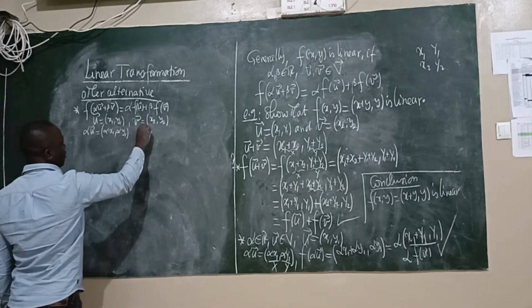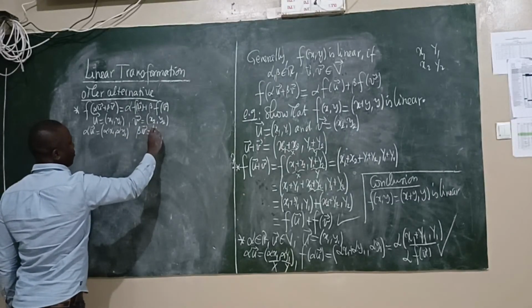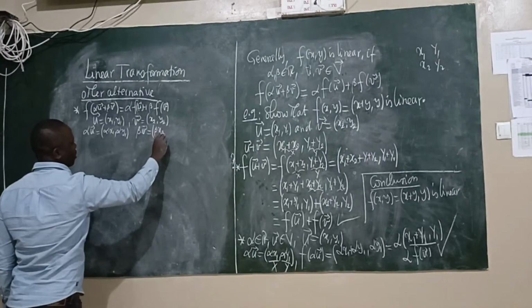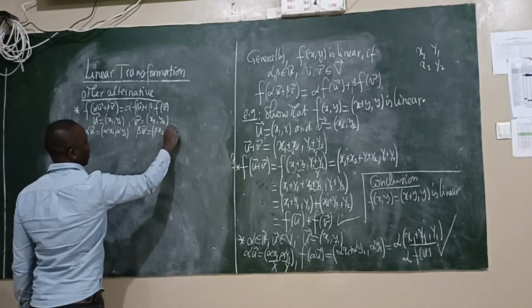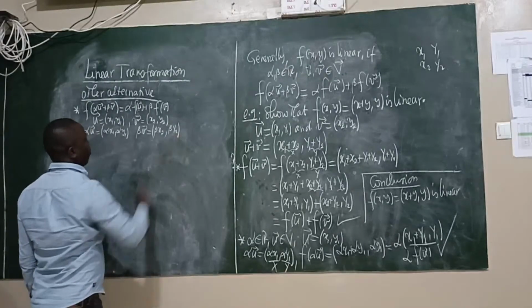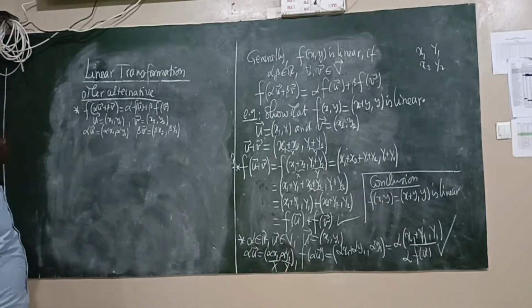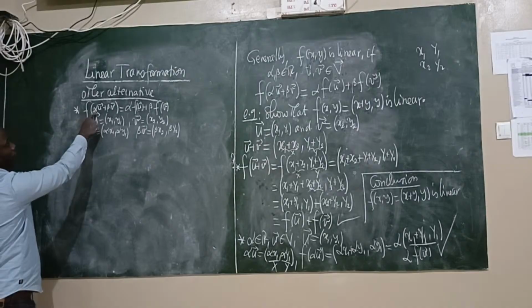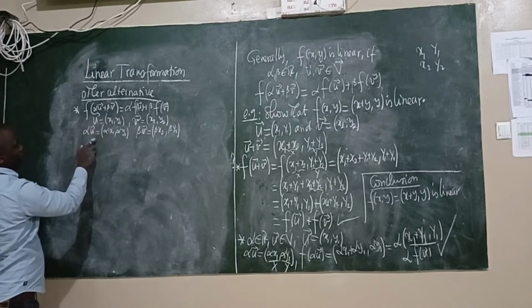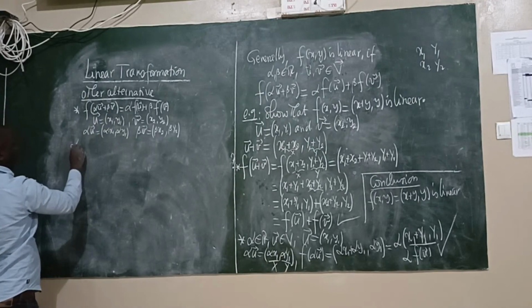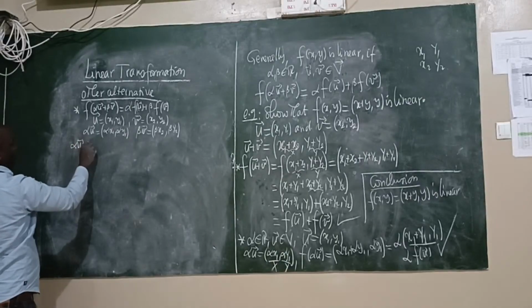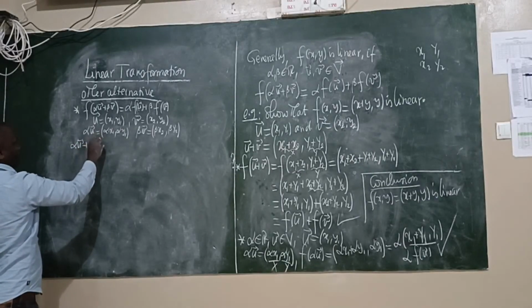Beta v is going to be beta x2, comma, beta y2. So what is going to be done is to find the sum. It means we are going to have alpha u plus beta v.